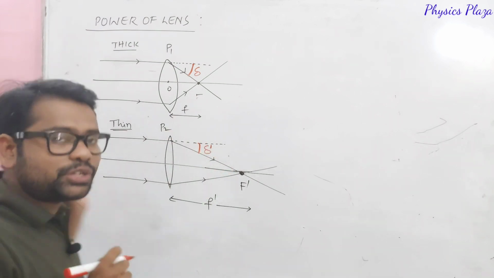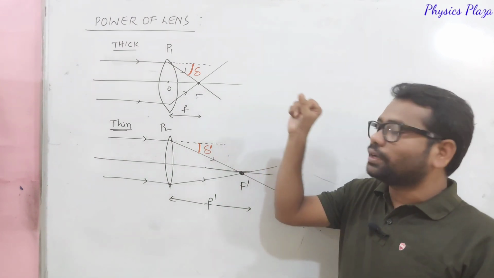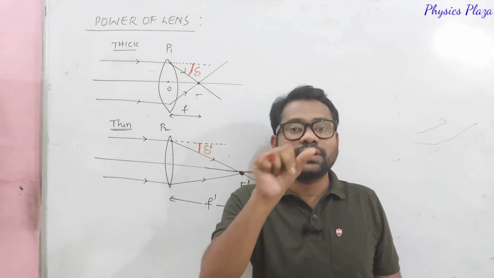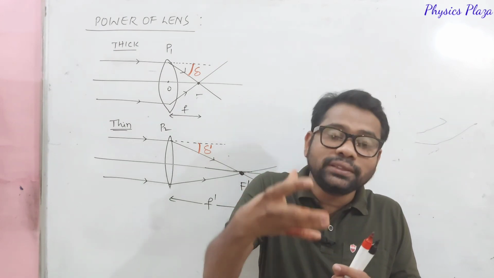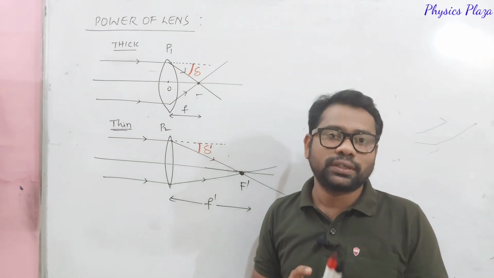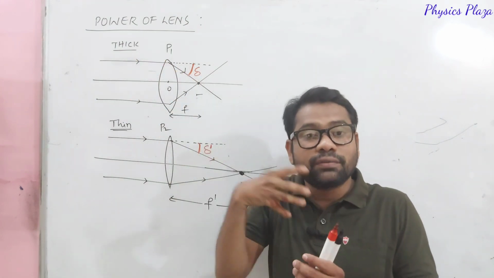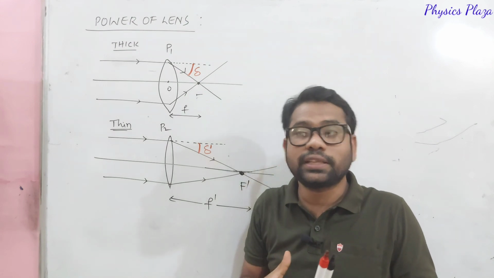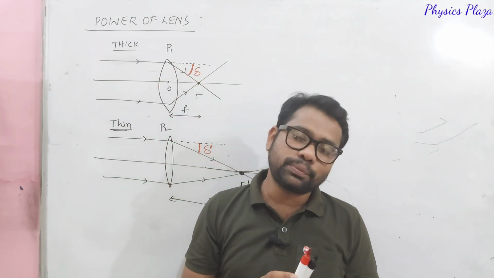Now dear children, look here, which lens is converging the light ray more, which means which lens is deviating the light ray more from its original path? No doubt about it, the thick convex lens is converging the light ray more, or else we can say that the thick convex lens is deviating the light ray from its original path more.